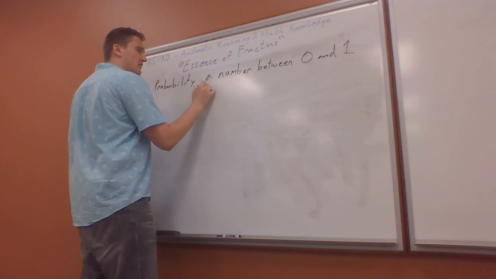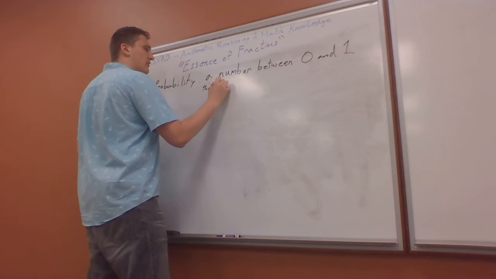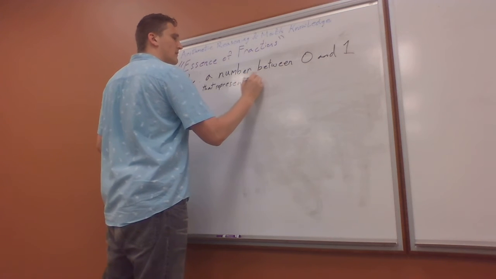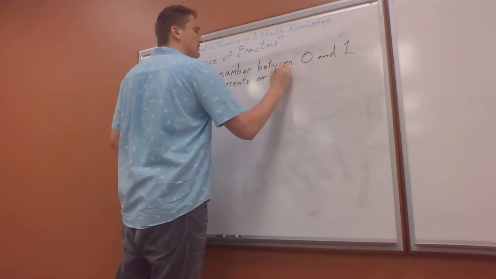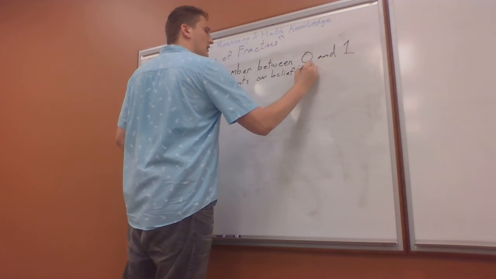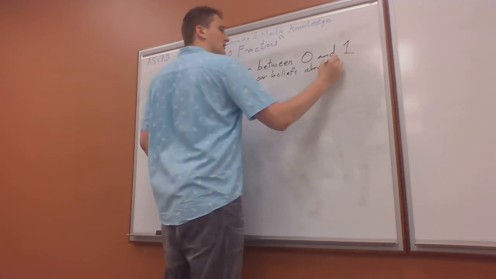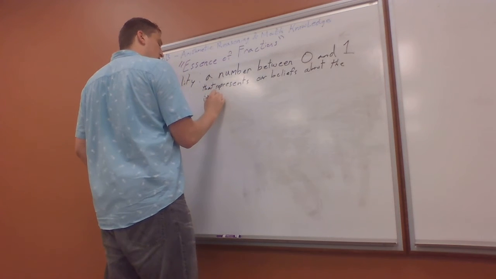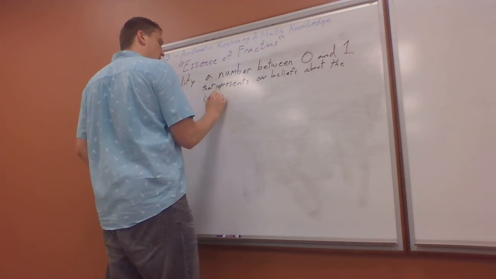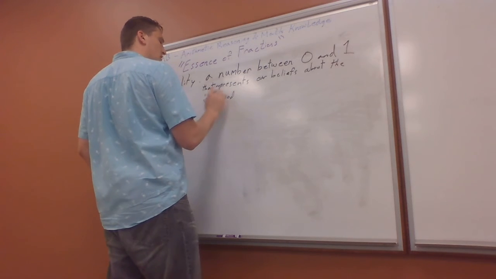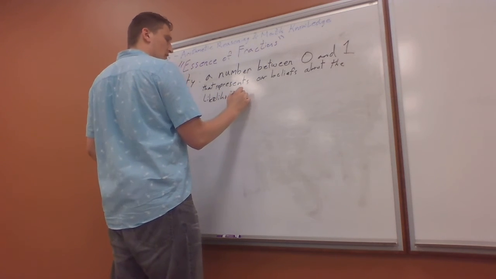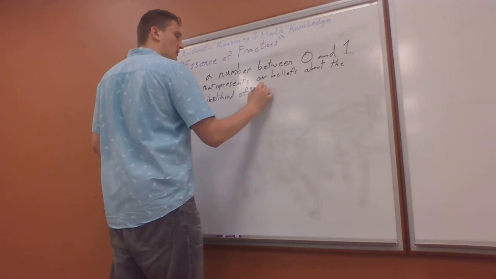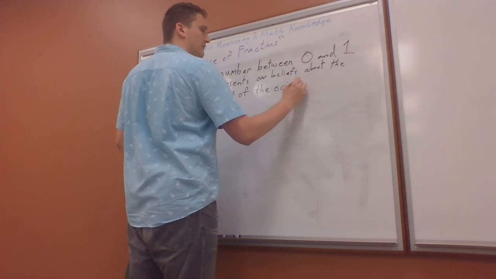Between 0 and 1 that represents our beliefs about the likelihood of the occurrence of an event.